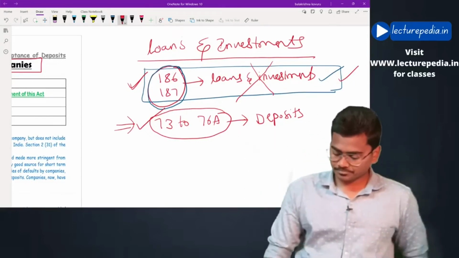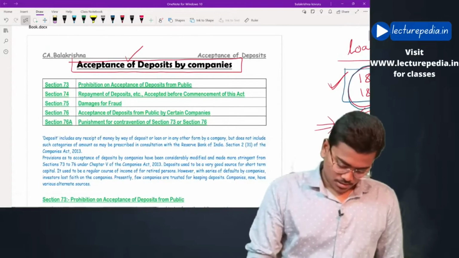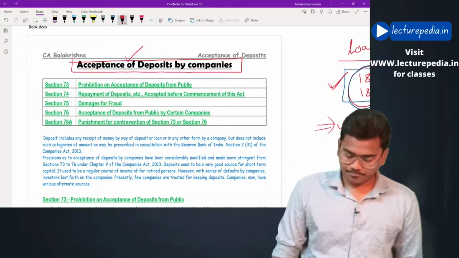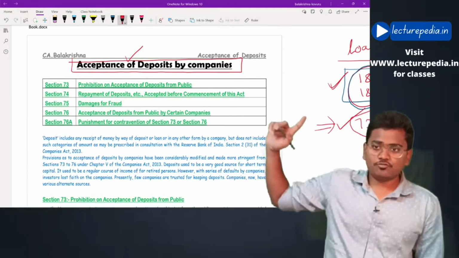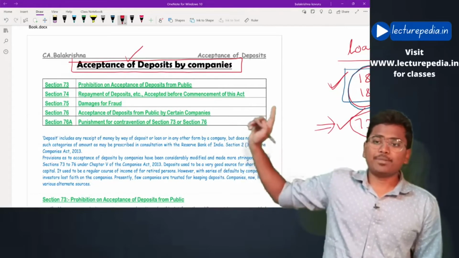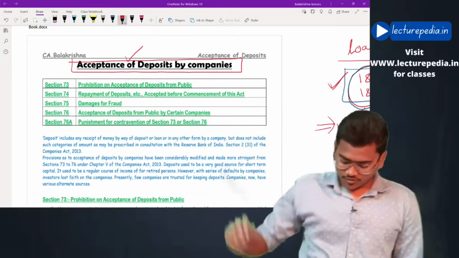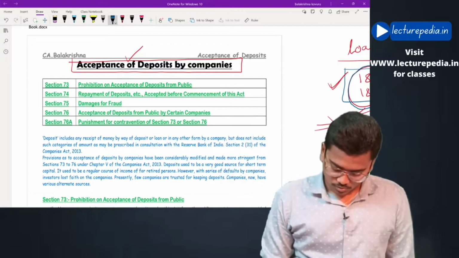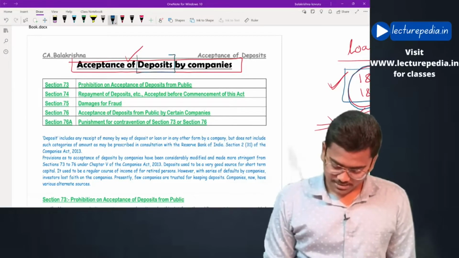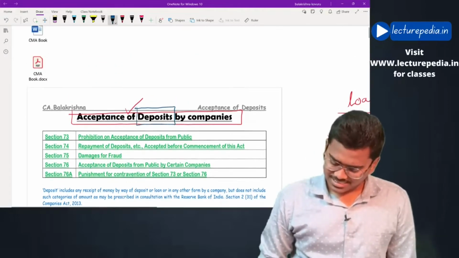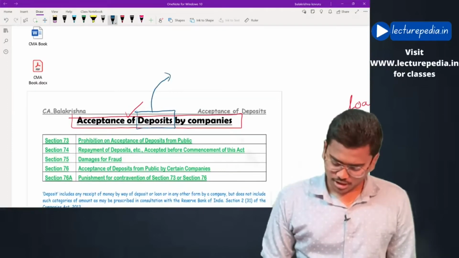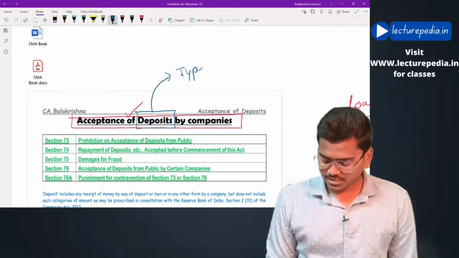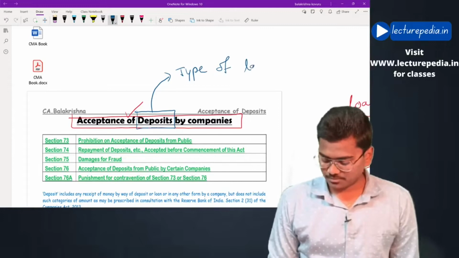Now, if you see the name of the chapter, acceptance of deposits by companies. First of all, what is meant by deposits? Generally, deposits are a type of loan, you can say.